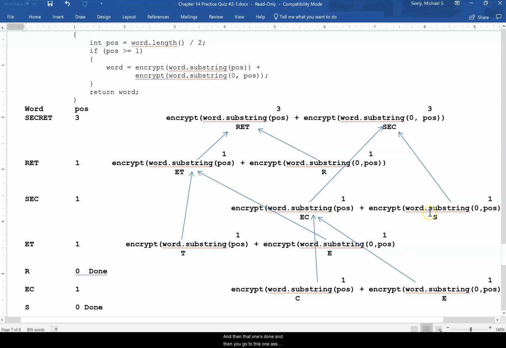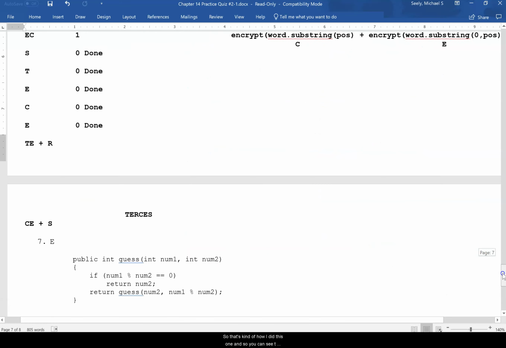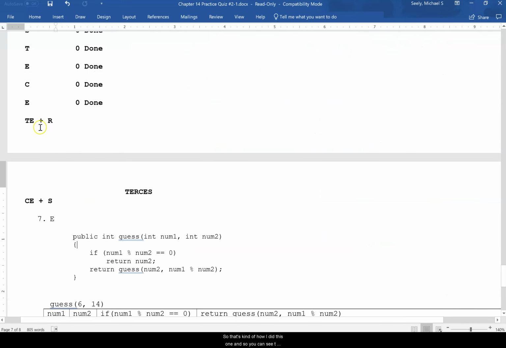And then you go to this one, S. S gets passed in, and 1 divided by 2 is 0.5, which is 0. So that's done. So your last one's S. So that's kind of how I did this one. And so you can see TE plus R, and then CE plus S is TERCES.